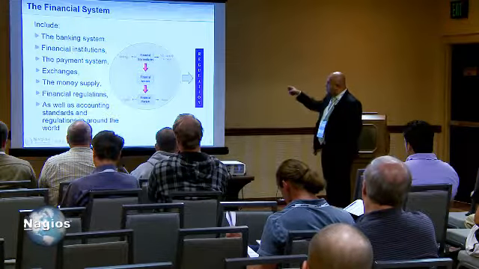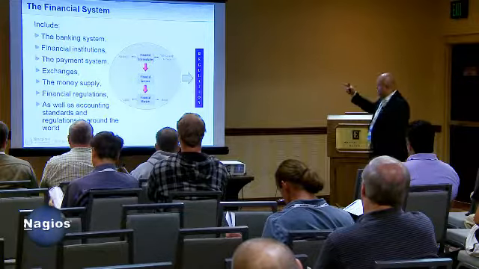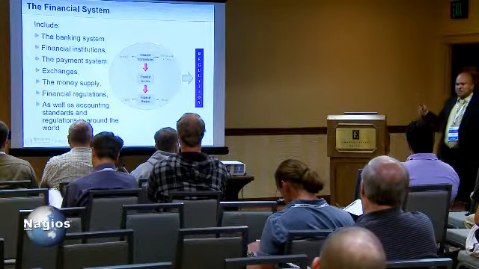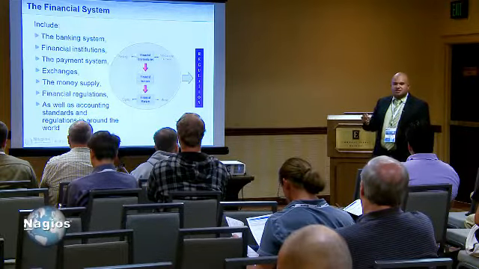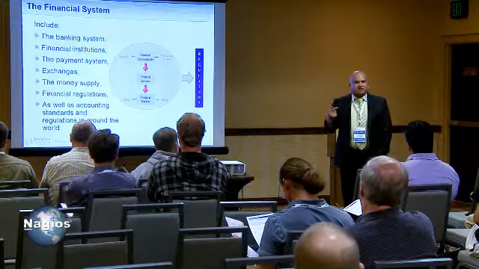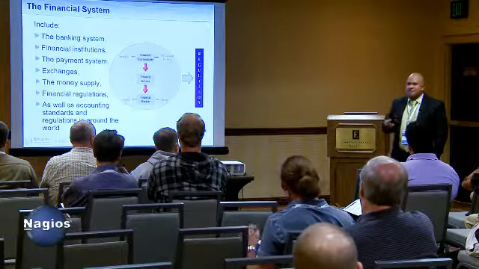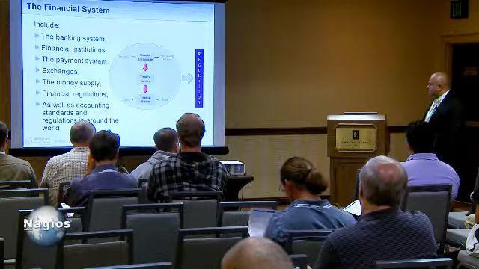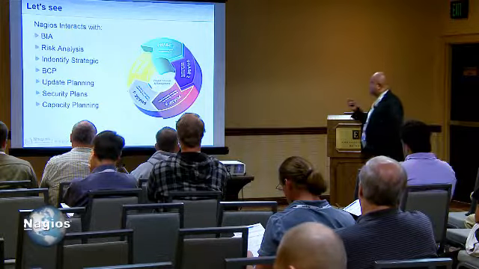The core business is financial intermediaries, financial services, markets, and regulations. We use common regulations in the world. The best practice is the best thing that we can implement in this business. Let's see.